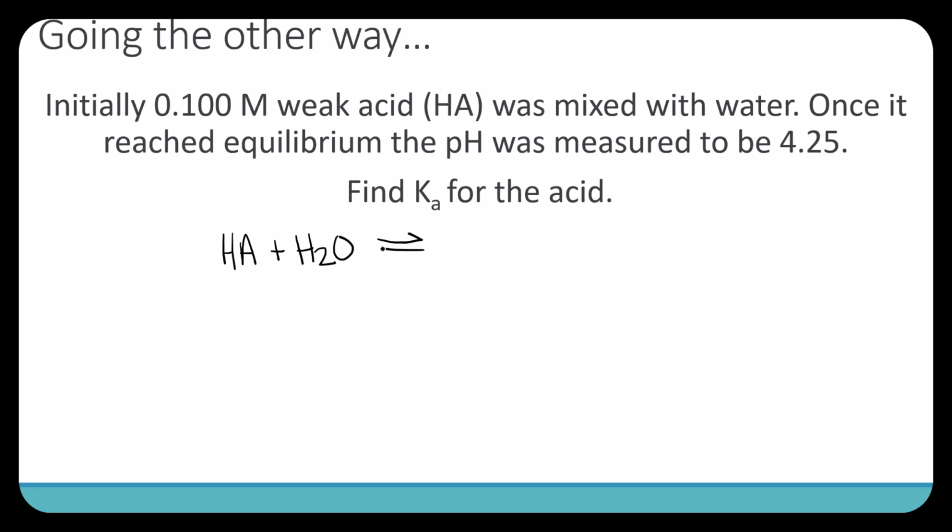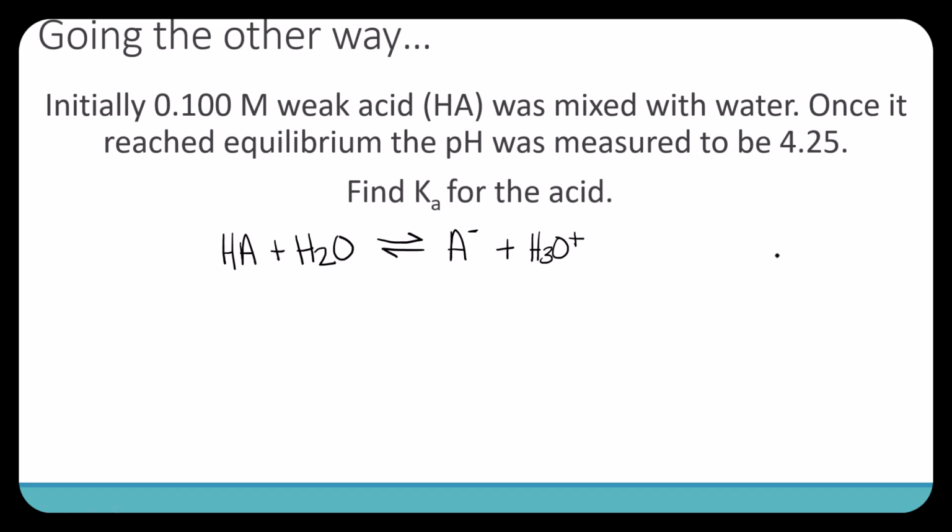Weak, so it is partial. Our acid is the proton donor, so what's going to be left is just that anion. And then water in this case, again, is our base. It's the proton acceptor, so it's going to form hydronium.